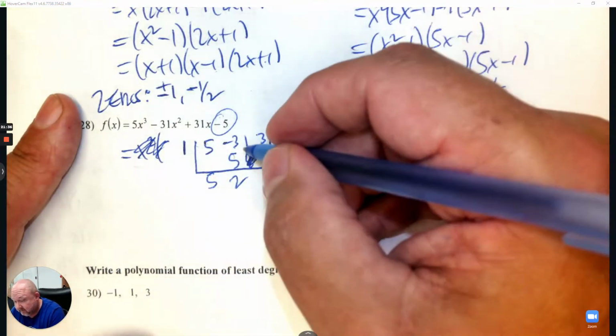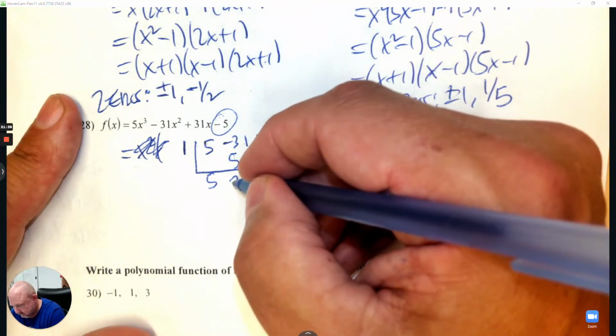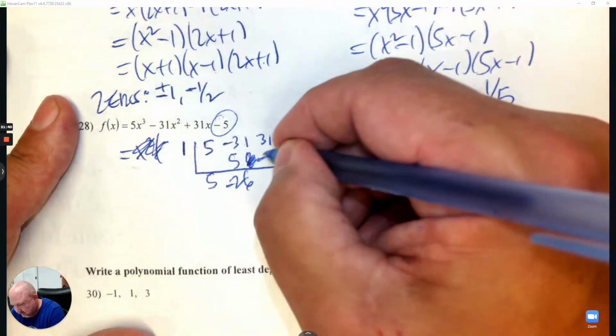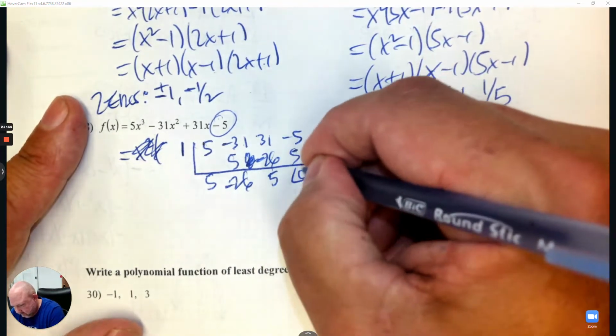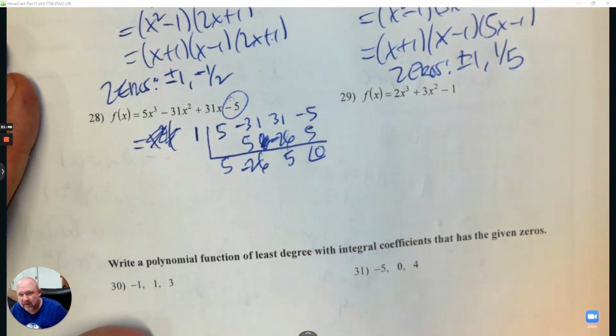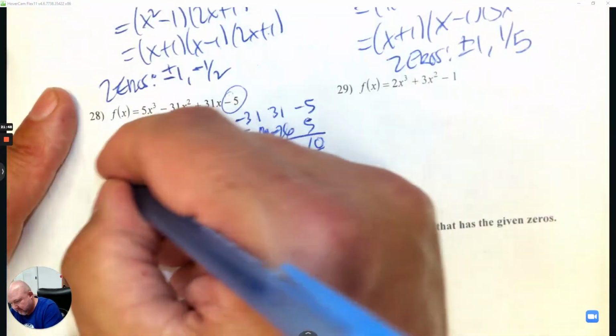Wait a second. Sorry. Negative 31 and 5. Negative 26. All right. And now what I'm left with is 5x squared minus 26x plus 5.